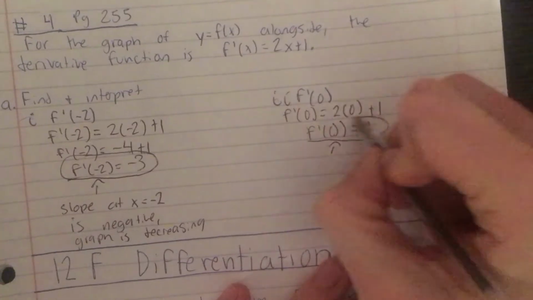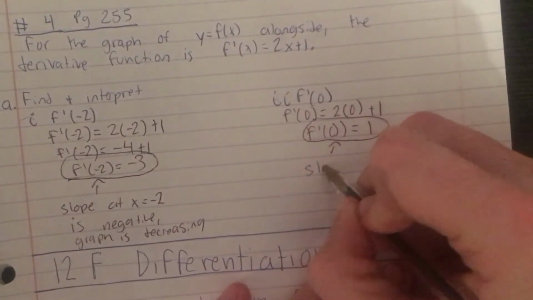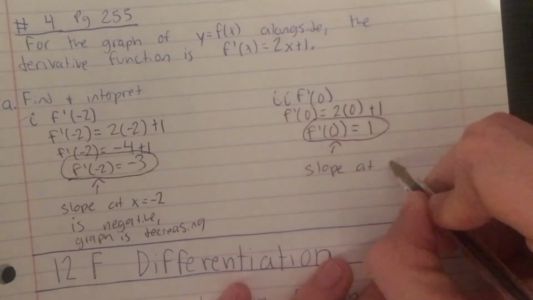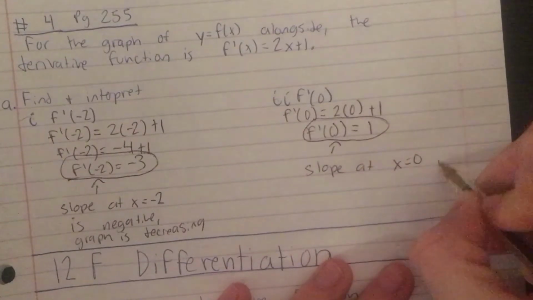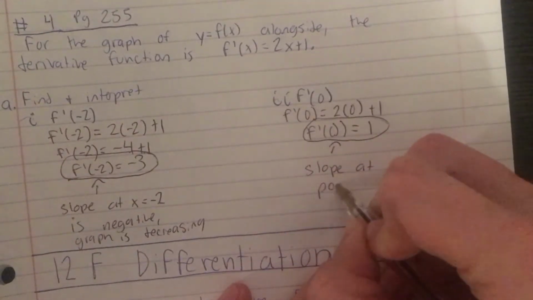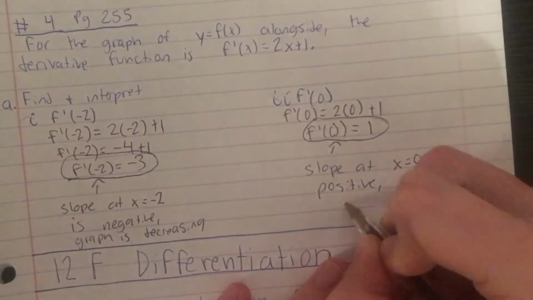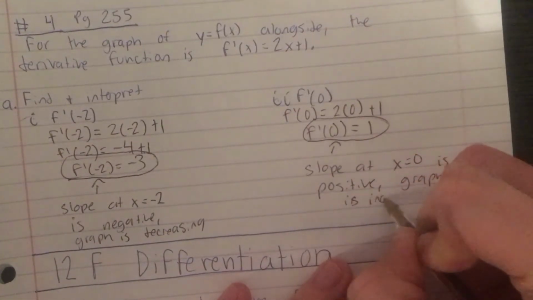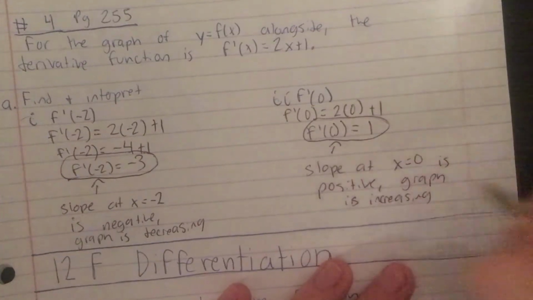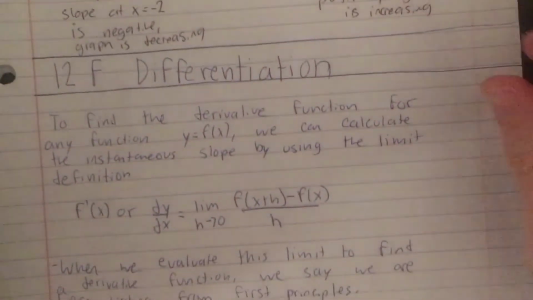The way that you interpret this is that the slope at x equals 0 is positive, which means that the graph is increasing. The graph is indeed increasing.